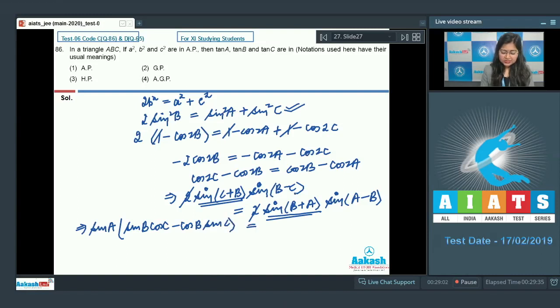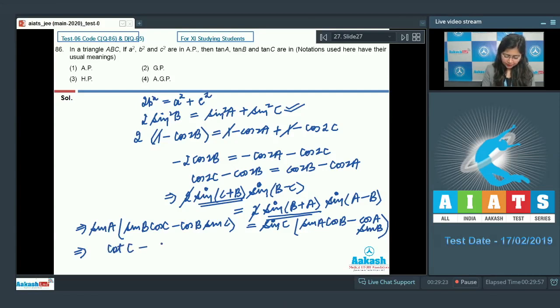Now this is equal to sine of (b plus a), which can be written as sin c, into sine of (a minus b), which can be written as sin a cos b minus cos a sin b. Now if I divide the whole equation by sin a sin b sin c, let us see what we get.